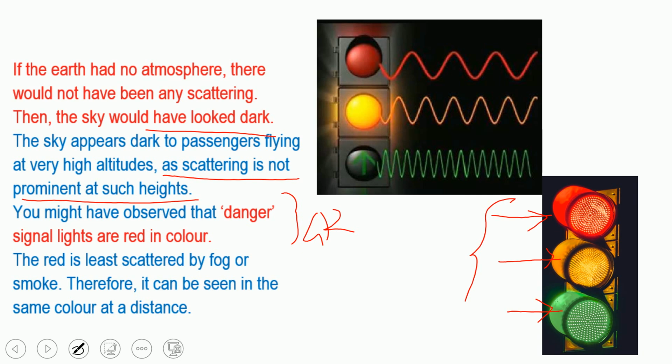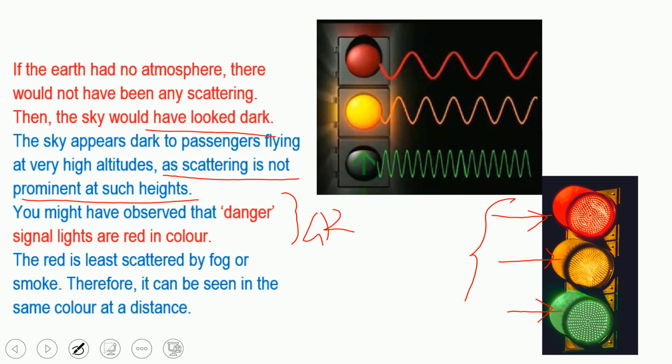That is the reason. Why is danger red? Because red has the longest wavelength, so its scattering is minimum. So from a very long distance we can see the red color, but not so much the yellow and green.